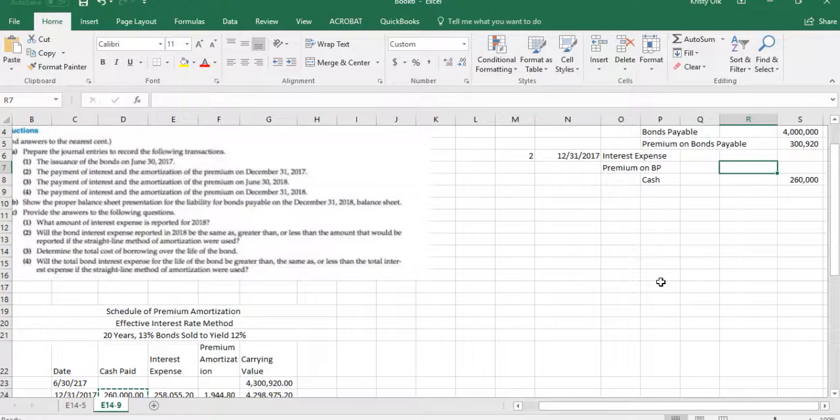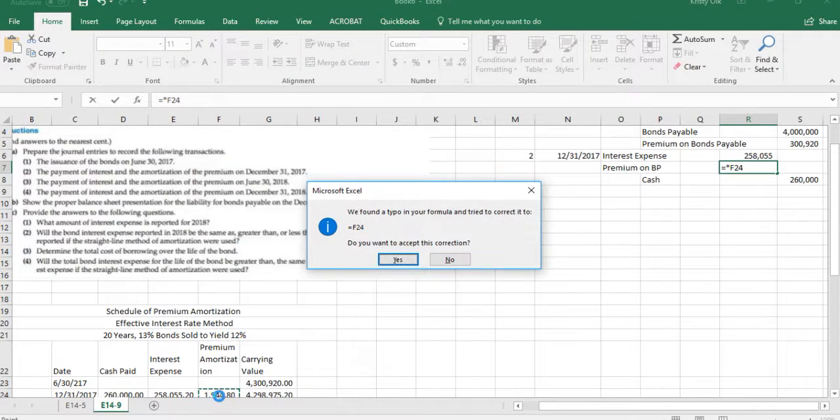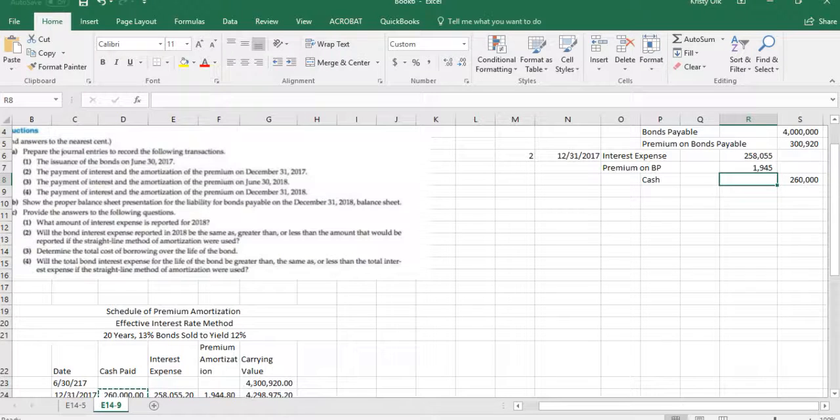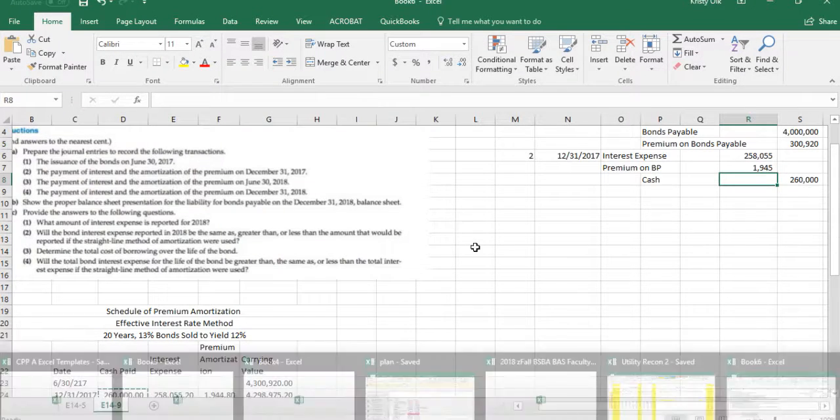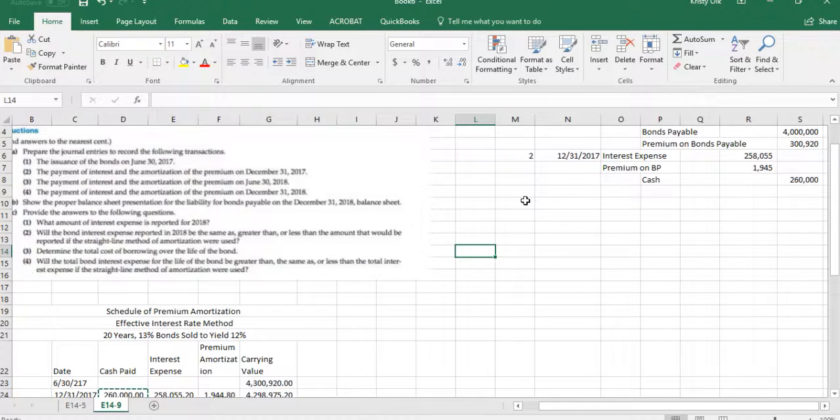So for the interest expense, we come to our friend, the amortization table, and it calculates the interest for it. That's carrying value multiplied by 0.12 multiplied by 6 divided by 12. And then we reduce that from 260,000 to arrive at 1945 for our premium amortization.